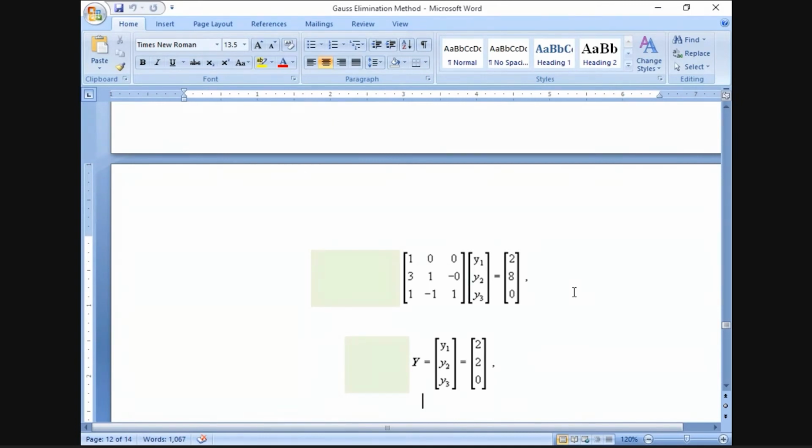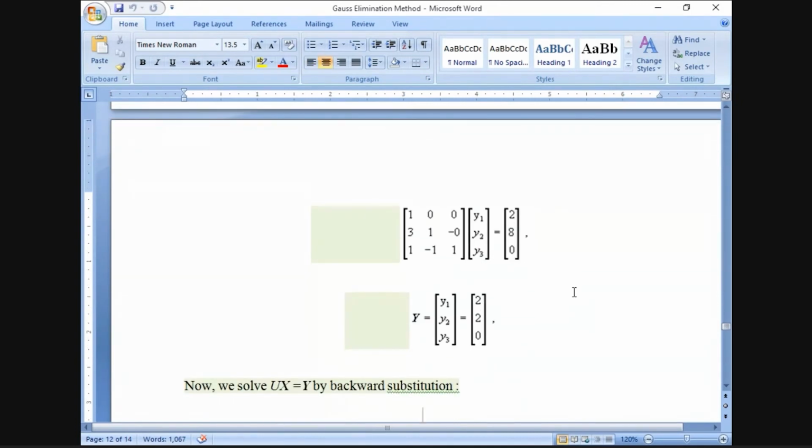Okay. Now after that, you have to follow the third step. In that you have to use the equation UX is equal to Y. Over here, you have to substitute the value of the upper triangular matrix, and on the right hand side the values that you got for y, which were 2, 2 and 0.